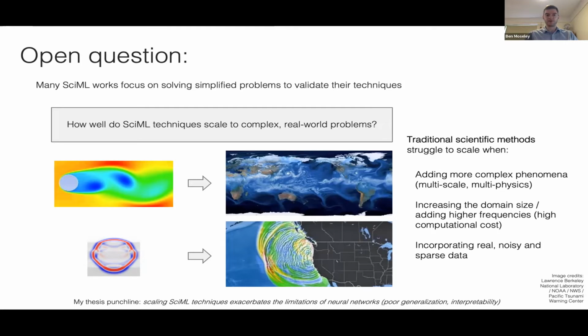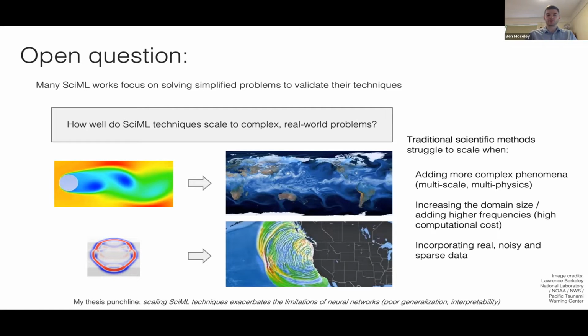And obviously we know that when we take a traditional algorithm, we encounter significant challenges to do so. So we want to go from the left, for example modeling the flow over a cylinder, which is a very frequently used problem, or seismic waves in a very simplified domain, to problems on the right where we're modeling global simulations or a regional seismic simulation. And I think these challenges are well known.